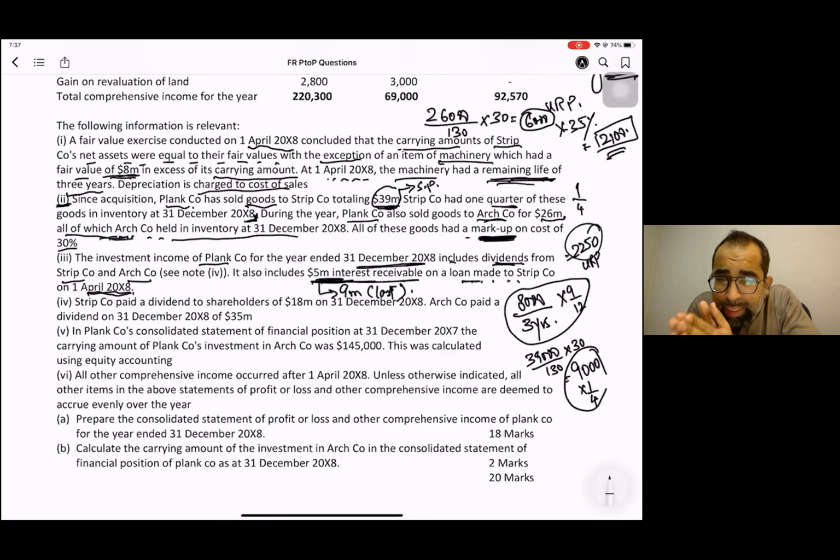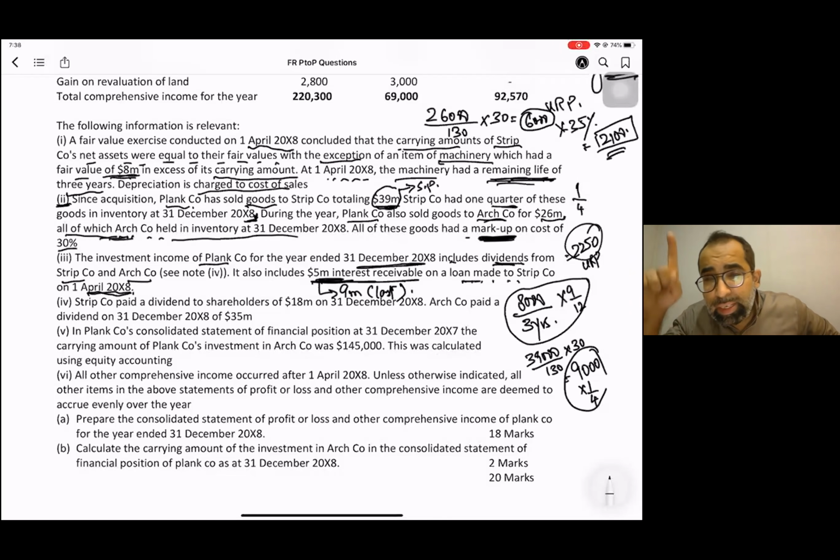As parent company has given the loan to S company on 1st April, S company has used the loan for the last 9 months, and they are openly saying that this 5 million in interest income relates to that loan made on 1st April. So this is a ready-made 5 million income of the last 9 months. So we don't need to apportion it. Don't apportion this interest income and expense. No need to apportion this 5 million.